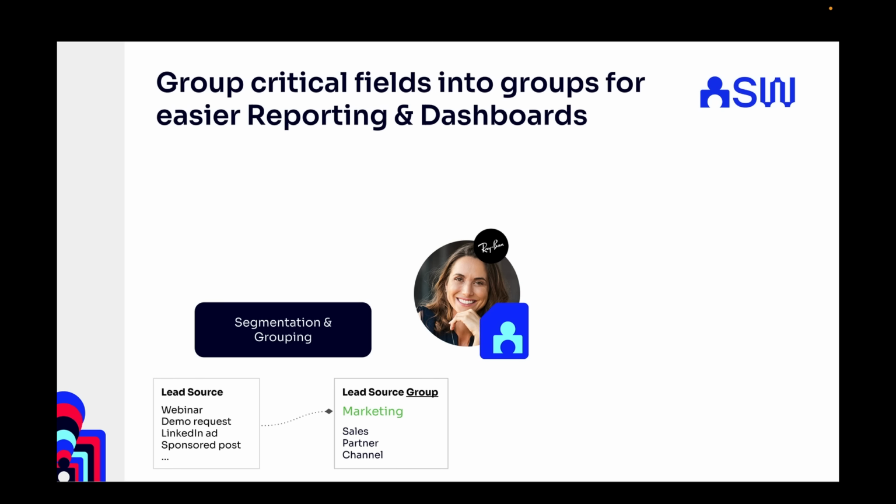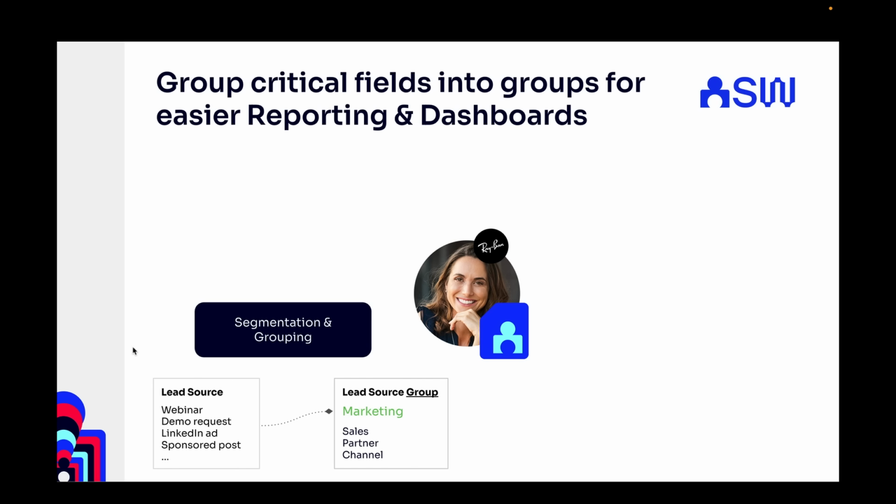Let's move on to the next use case, which is that you can actually group critical fields for easier reporting and dashboards. So based on the criteria and the reports that you're creating, you can then change field values in other fields, as I said, for segmentation or to group. The example I'm going to show you is all of us have a range of lead sources. There's a webinar, and there's maybe a demo request, a white paper download, there's like LinkedIn prospecting and more.